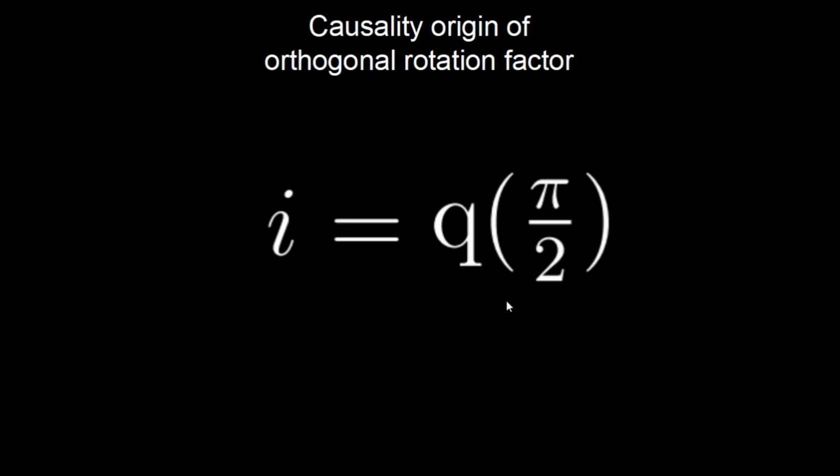To answer this question, it's noticed that Q half pi is a constant that's denoted by I, and it's also noticed that the pi is also a mathematical constant. From the causality viewpoint, investigating the cause of the pi may provide a hint for the cause of the I.